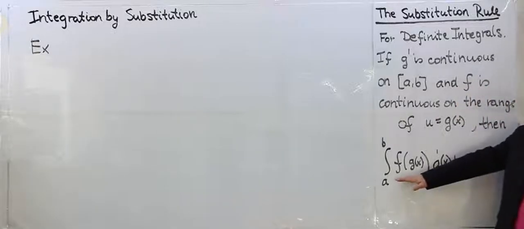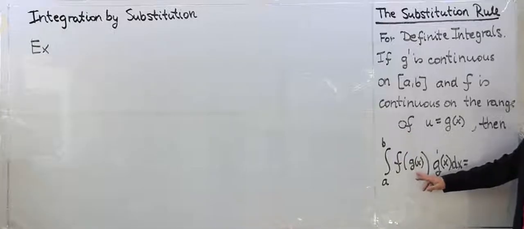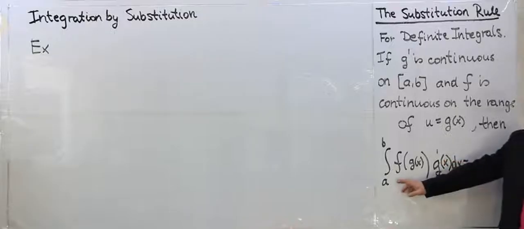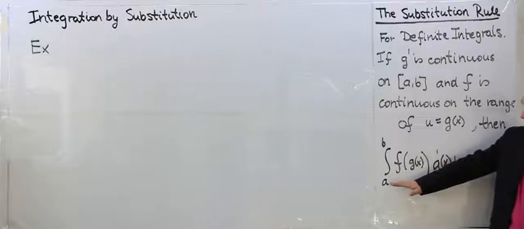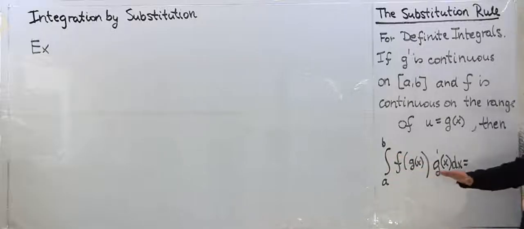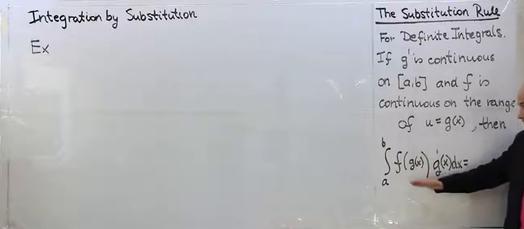Let's consider the definite integral of f of g of x times the derivative of g, dx. And the limits of that integration go from a to b.